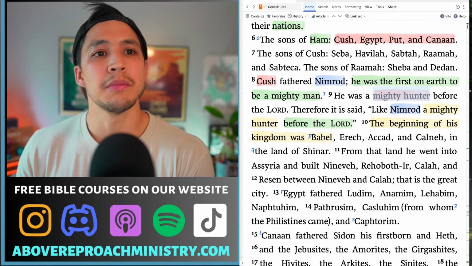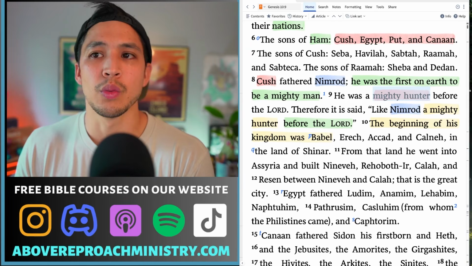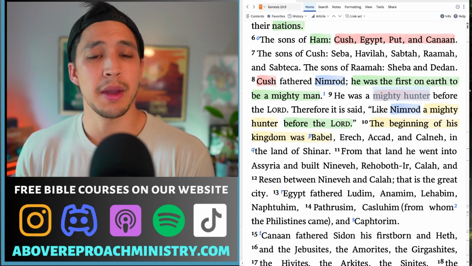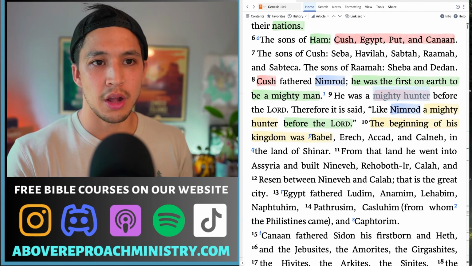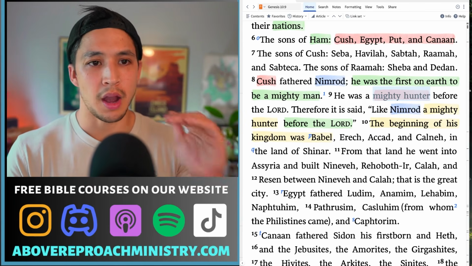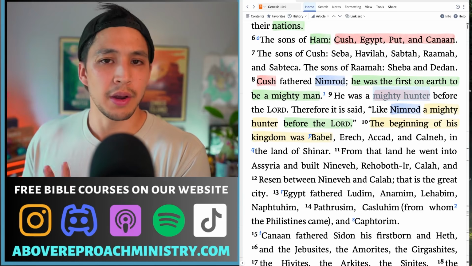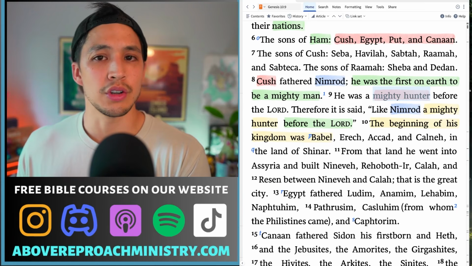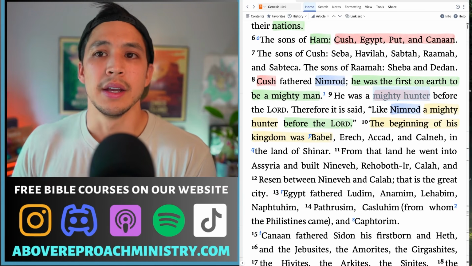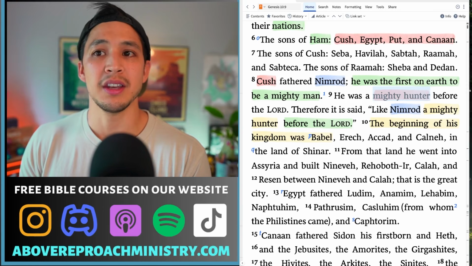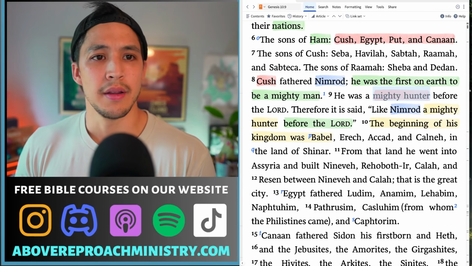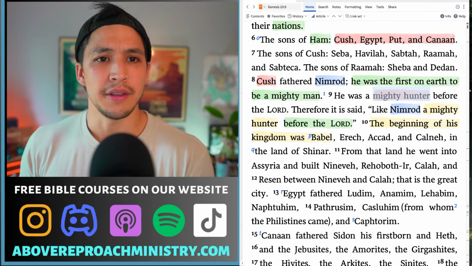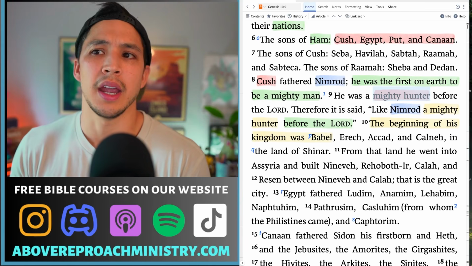And so the last and most notable reference to a hunter-warrior kind of man was Lamech, one of Cain's descendants. That's why I think this genealogy of Shem, Ham, and Japheth really does parallel the Genesis 4 genealogy of Cain and Seth. The first man to murder his fellow man after Cain was Lamech, and he escalates the violence and the bloodshed of Cain.